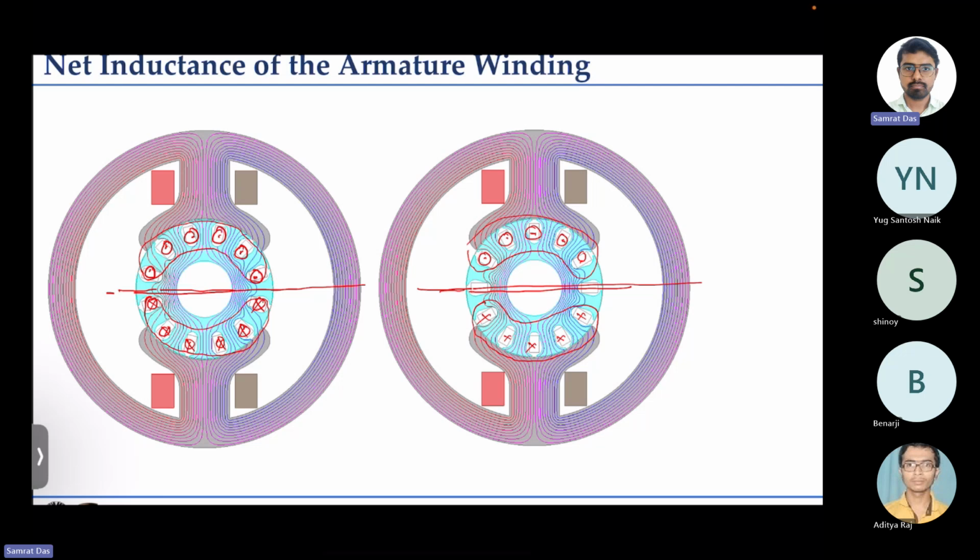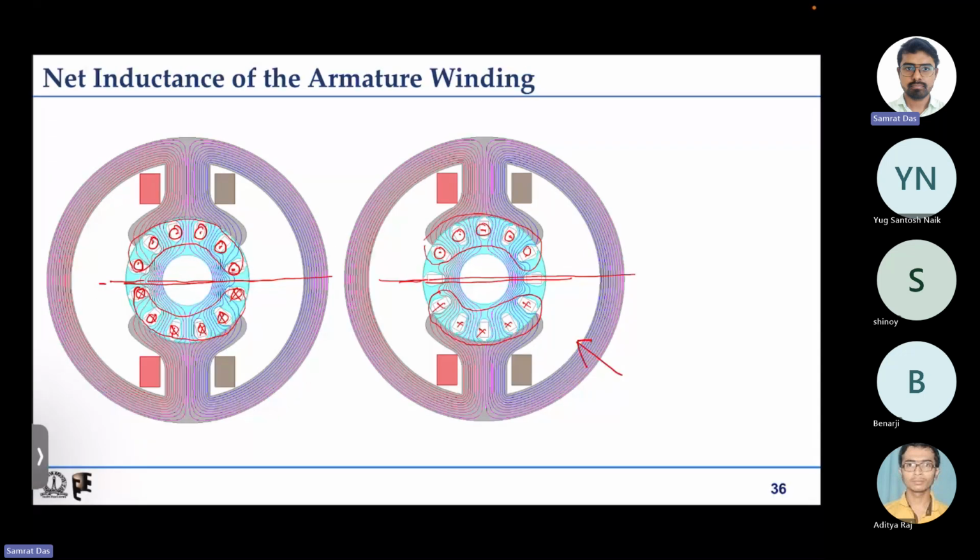But in this case at least, where the commutation is happening, the number of turns that is there in the armature coil is reduced, because this one set of coil is not actually coming in the series path. But in this case, all the coils are coming in the series path. So you understand that there is some change in the number of turns.